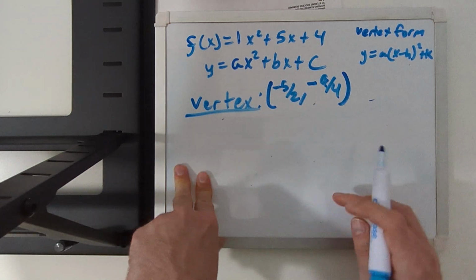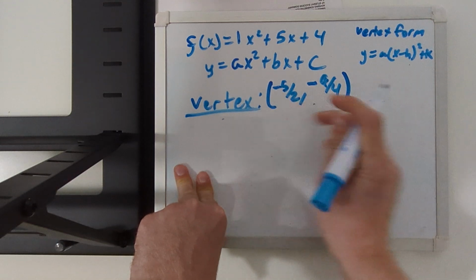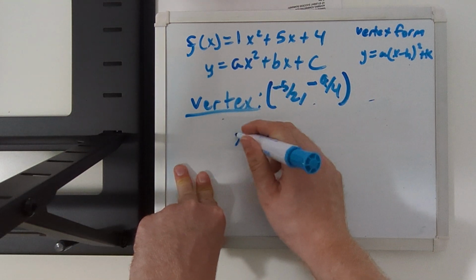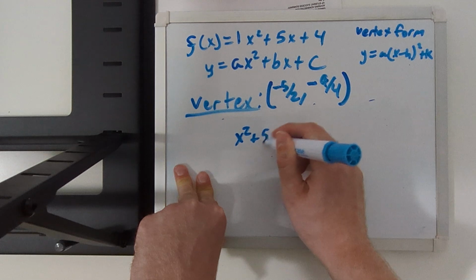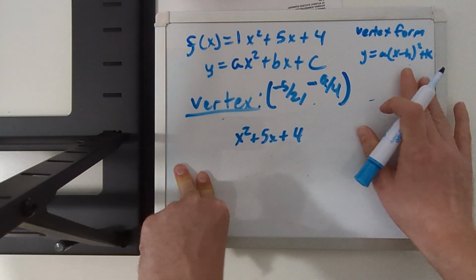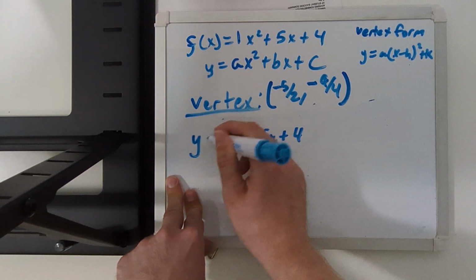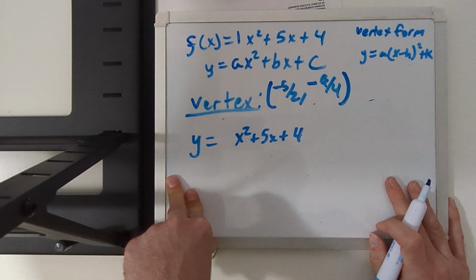Hopefully we do. So this is going to use a method called completing the square, where I'm going to take this equation, x squared plus 5x plus 4, and convert it to make it look like this equation. So I got y equals, there we go. And we'll clean this up a little bit.